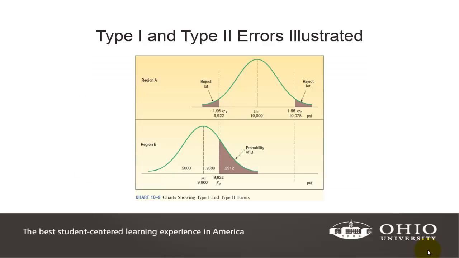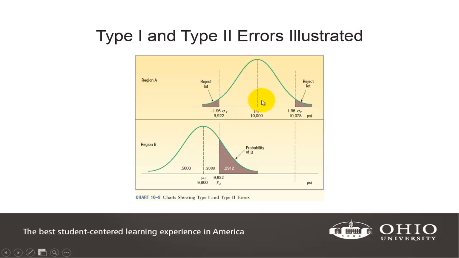So let's talk about a type 1 error first. A type 1 error would occur if we happen to get a sample whose average tensile strength was more than 10,078 pounds per square inch or less than 9,922 pounds per square inch. These values, 10,078 and 9,922, are actually calculated based on the level of significance of 0.05.